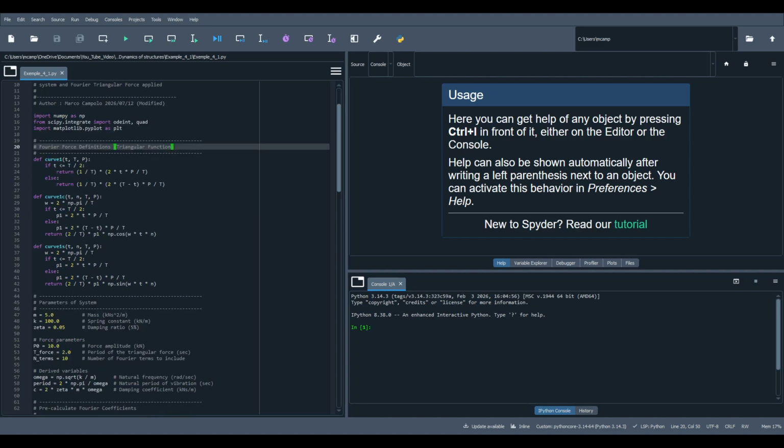Then there is the definition of the triangular force with the Fourier series. We studied this equation in the last video.